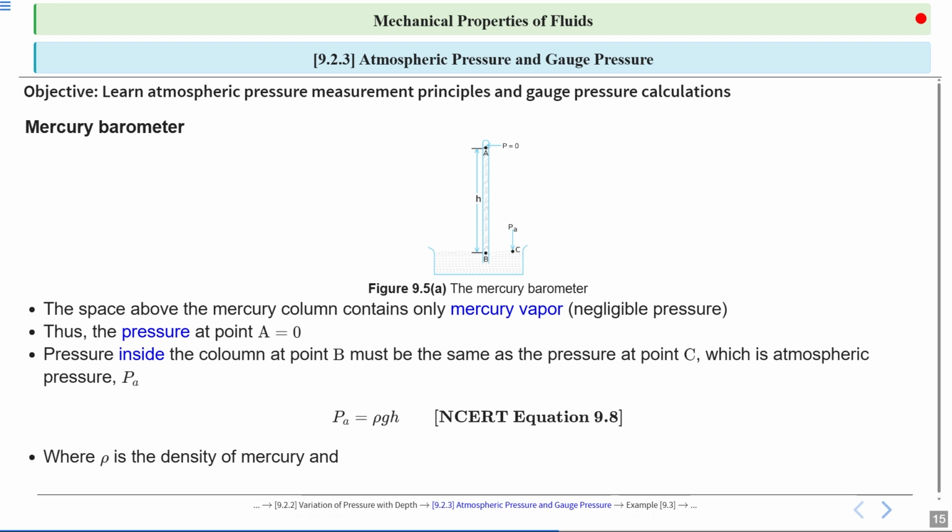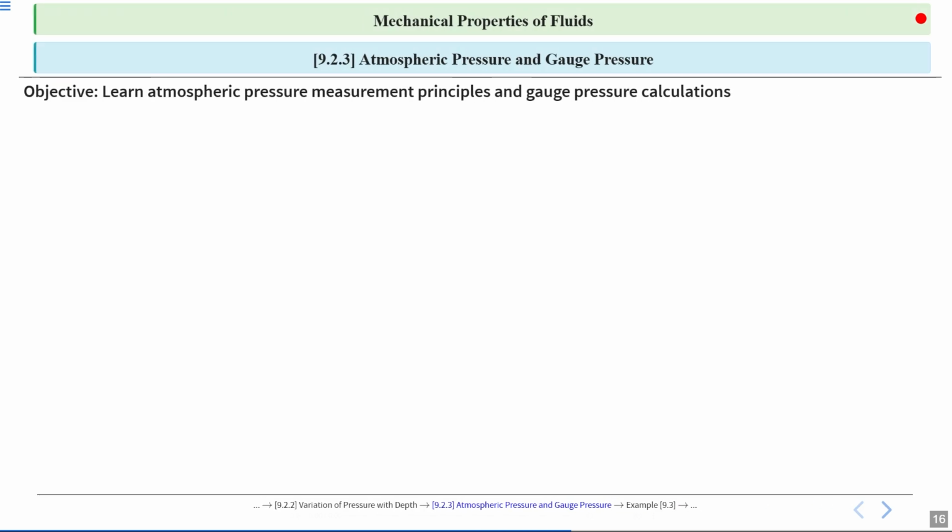So in this equation, ρ is the density of the mercury, which is a constant value. h is the height of the mercury column in the tube. This height changes with atmospheric pressure, allowing us to measure it. Let's see some standard values now.